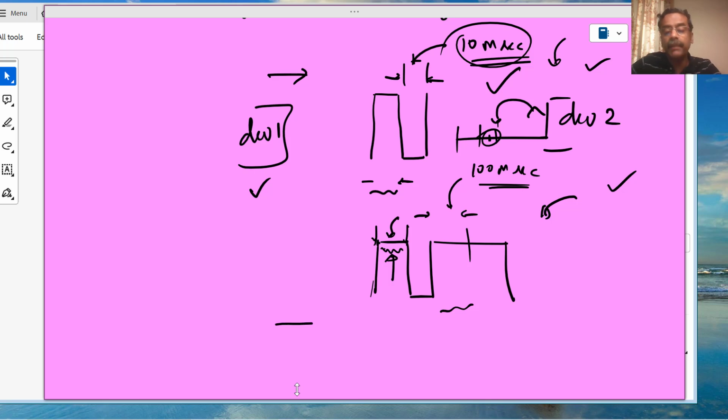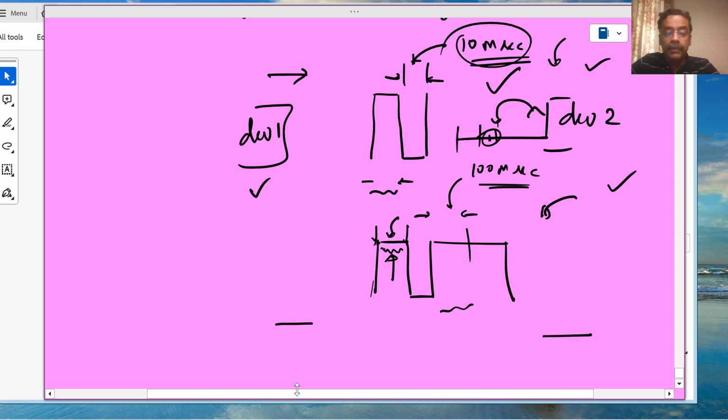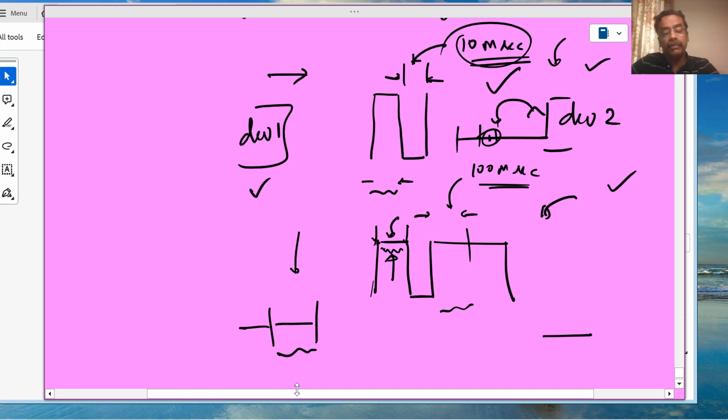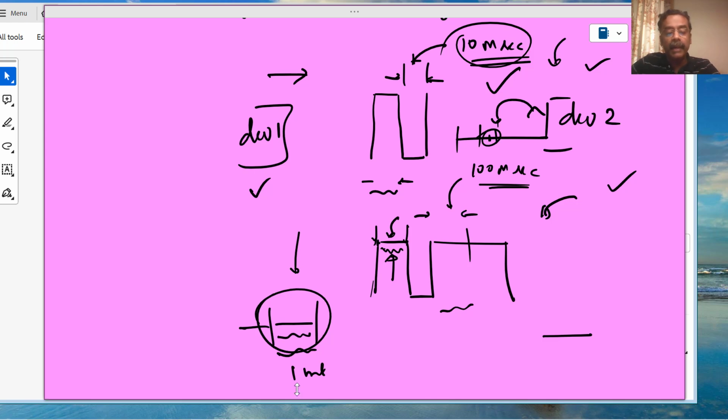That's the reason the start bit and stop bit are there. Especially the start bit is there to indicate that from the idle state I am going to keep this for 1 bit duration. Then the receiving device will be able to find out how long this is, and then it can find out when it is supposed to sample the next data, which is in the middle of the time period.